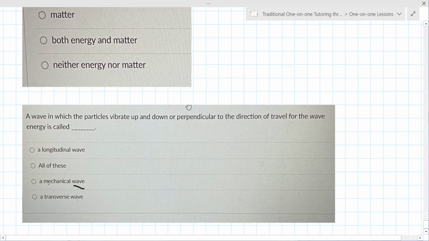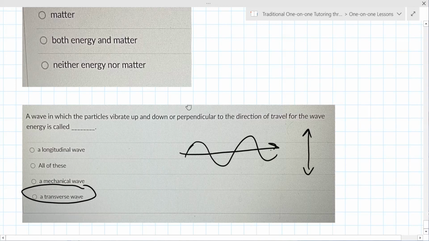So I think it's just a transverse wave because that's the one we're talking about. The energy is moving up or down relative to the wave's motion, which is that way. A longitudinal wave, they would talk about somehow moving forward. So that's why it does not turn into all of these. And I think that's it.